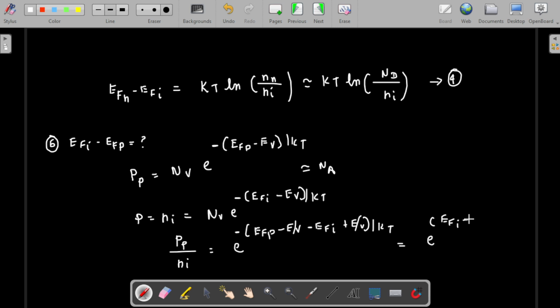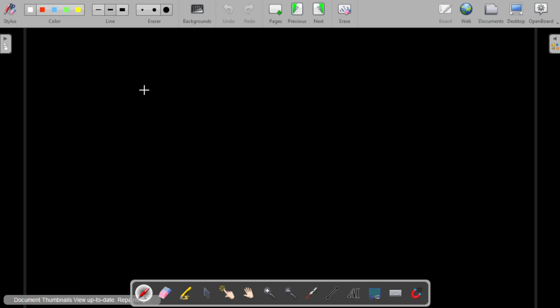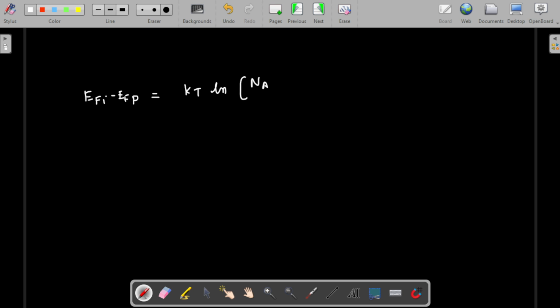So (EFI minus EFP) divided by kT. Okay, so let's rewrite it again. If we take ln and equate it, EFI minus EFP will be equal to kT ln NA divided by ni. So this is the fifth formula we are finding out.